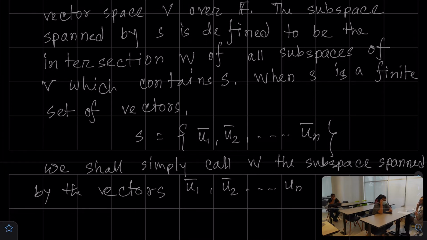So this is the definition of the span. So we have a finite set? In general, no, because we can consider the polynomials and then the set would be an infinite set. But for a finite dimensional vector space, it has to be finite.